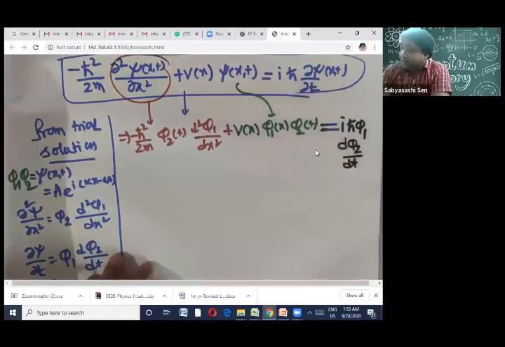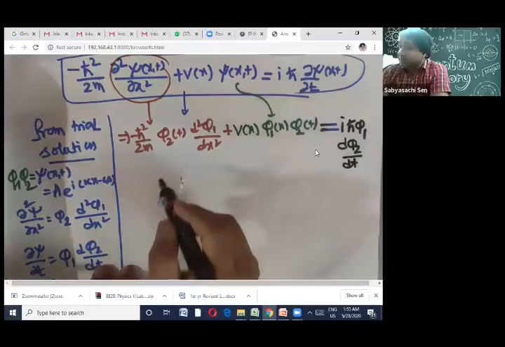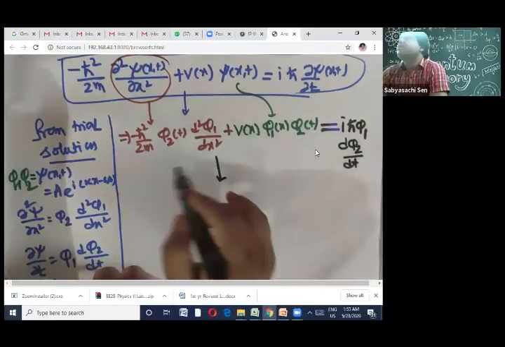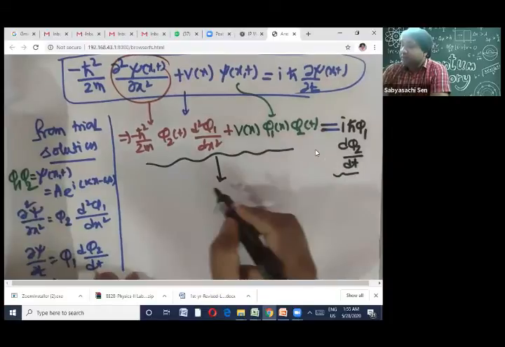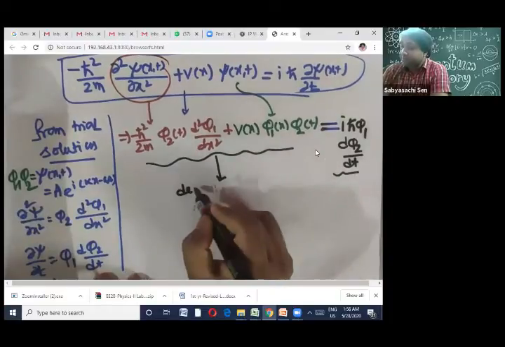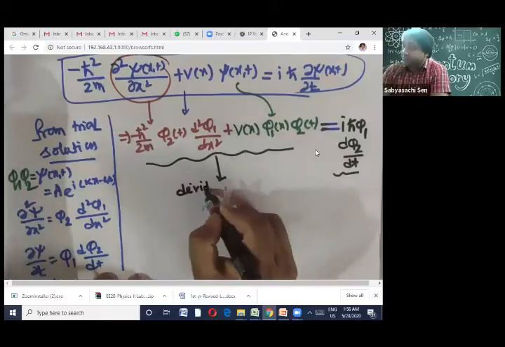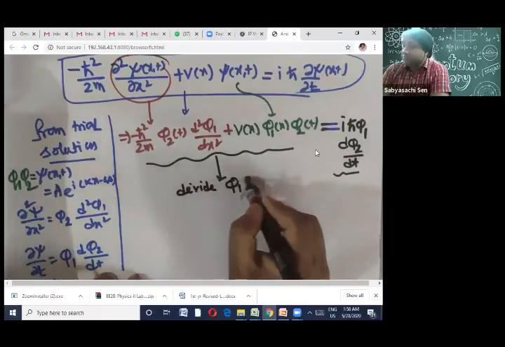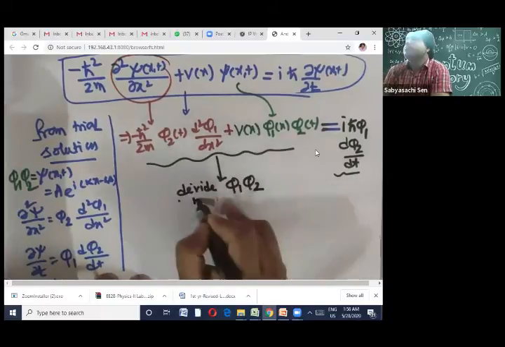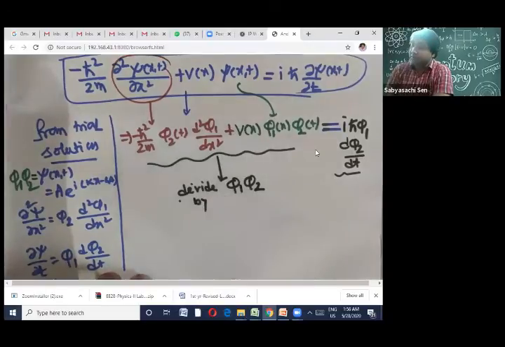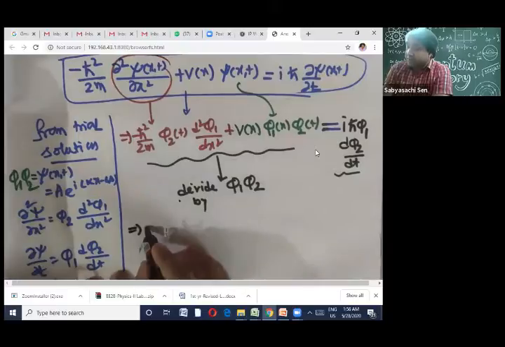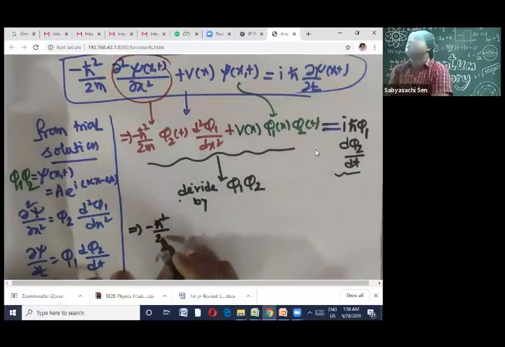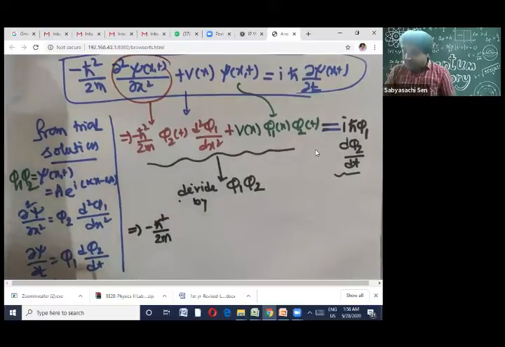So what shall I do now? Of the three terms, you can see red and green on the left and black on the right. You divide every term by phi 1 phi 2. If I do the division with phi 1 phi 2, my equation takes a form like this.